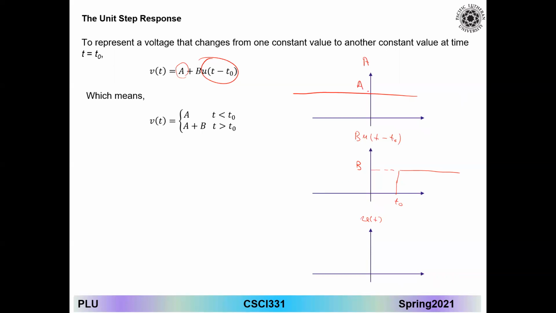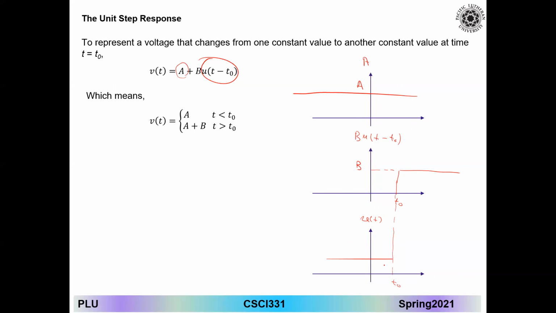For t less than t0 in this area, I have only A, so I have the A here. Let's draw it in a good way. My signal starts at t0.